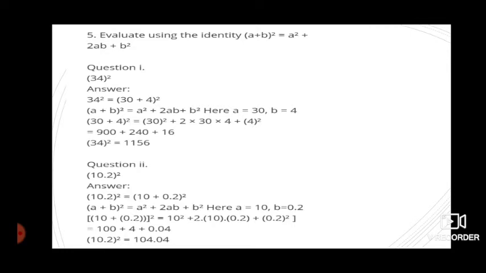Okay, 2 twos are 4, we will get 40, but point is there, 0.2. So we will get 4. Plus 0.2 whole square means 0.2 into 0.2, if we multiply we will get 0.04. Now if we add all together, 100 plus 4 plus 0.04, we will get 104.04.